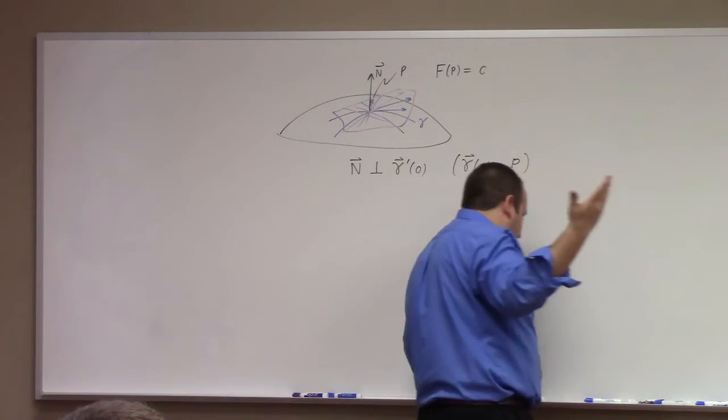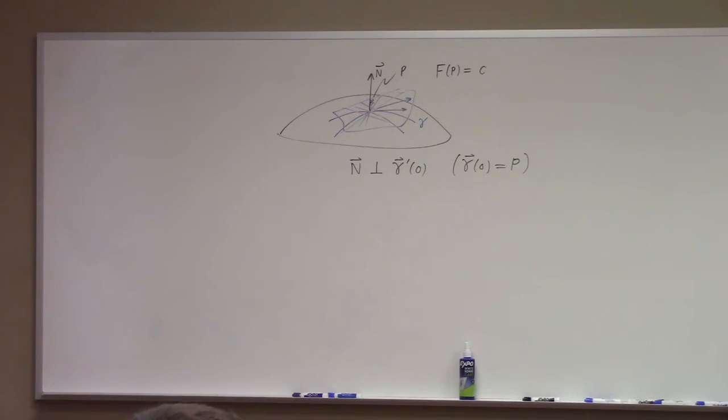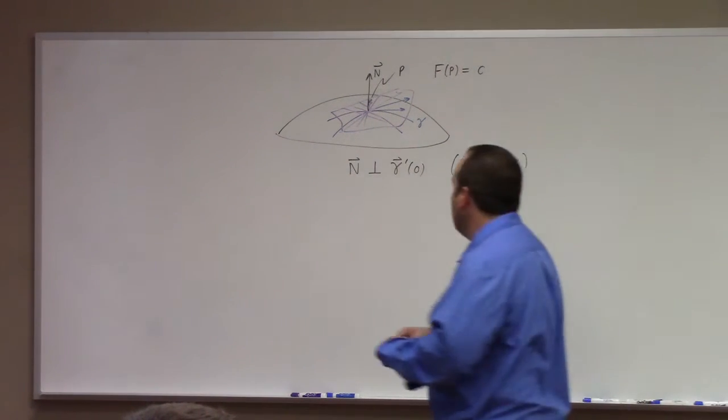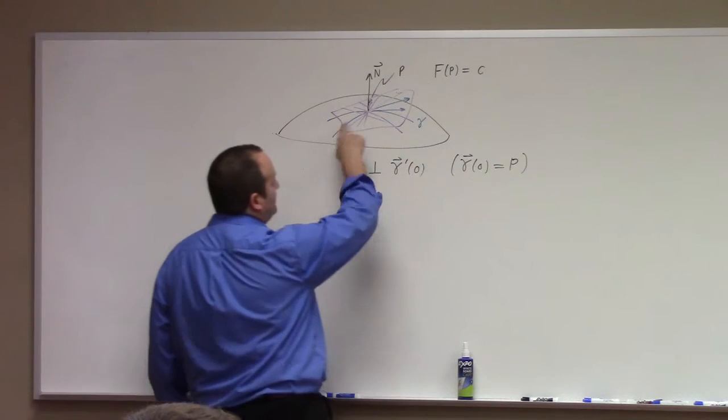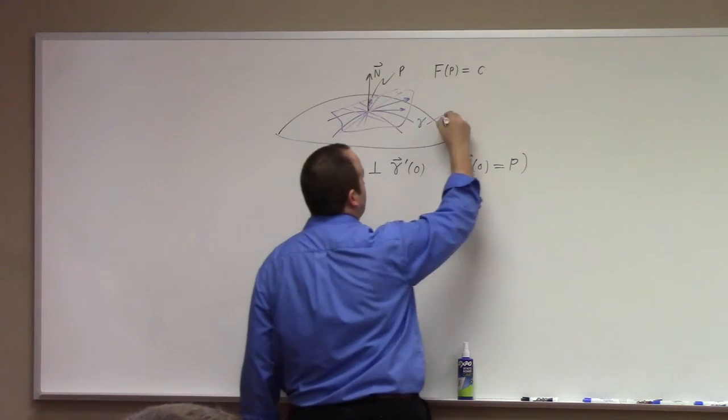Okay, so what does that have to do with the gradient? I haven't said anything about the gradient, but let me tell you what it means. What does it mean for gamma to be a curve on the surface?